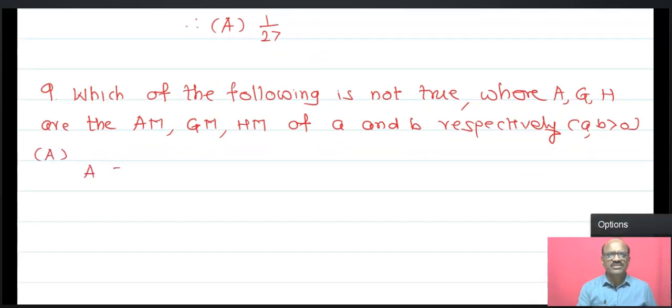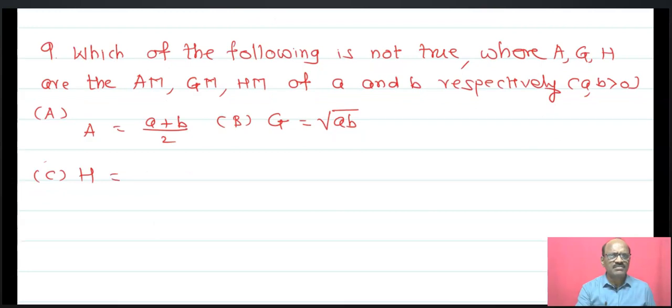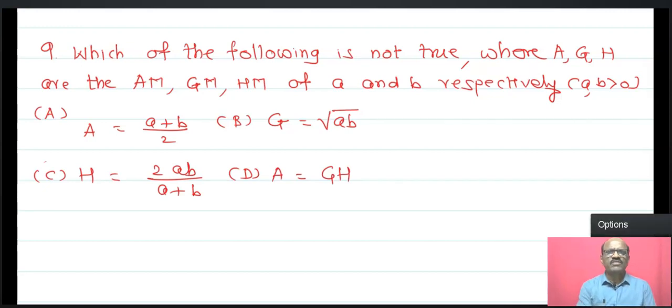Now see this question. Which of the following is not true? Where A, G, H are AM, GM, HM of A and B respectively. Now see this. Which of the following is not true? Where A, G, H are AM, GM, HM of A and B respectively.